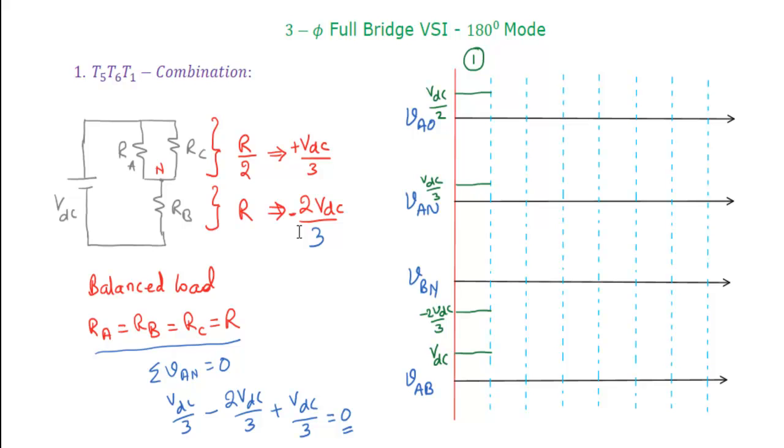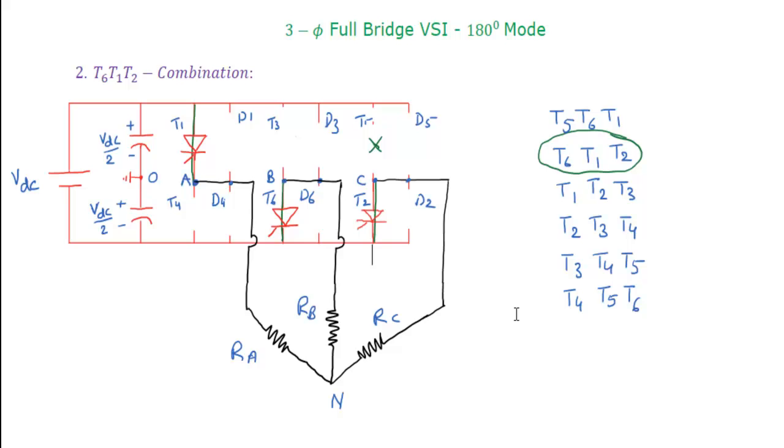Another important thing to remember is that phases connected in parallel will get the lesser voltage, and a phase connected alone will get more voltage, 2 VDC by 3. Again, to get the equivalent voltages: whichever phases are connected to the positive terminal of the source will get positive voltage, and whichever are connected to the negative terminal will get negative voltage.